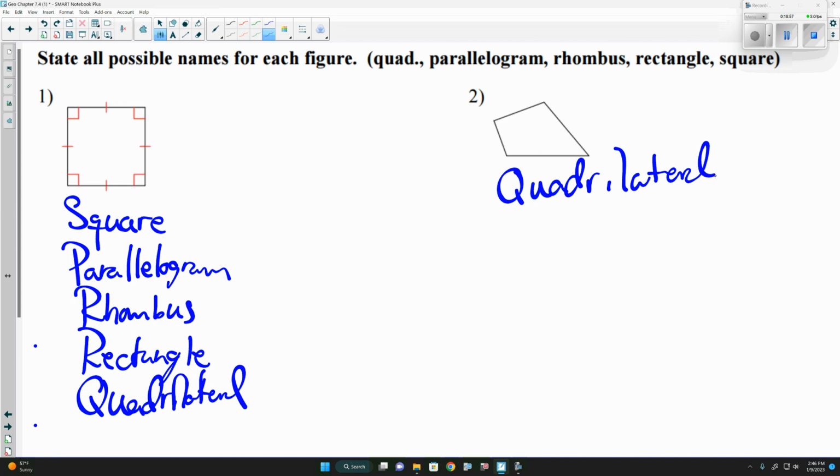Four congruent sides. Does this have four congruent sides? Do we know anything else besides the fact that it has four sides? So we can call it a quadrilateral.